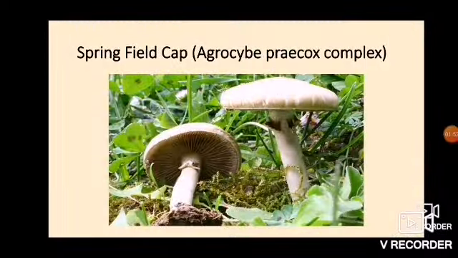One of the reasons is they tend to have some lookalikes, or just not be as favorable or enjoyable as morels, which are what people tend to target. The first mushroom we're going to look at is the spring field cap. And this is actually a group of mushrooms. So this is the Agaricus praecox complex, as it's commonly called, or the Agaricus praecox group, whatever you choose to call it.